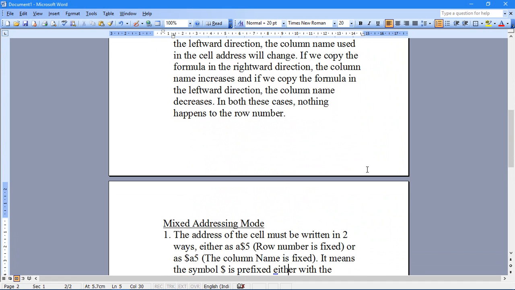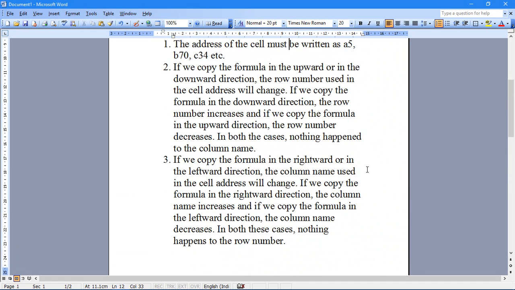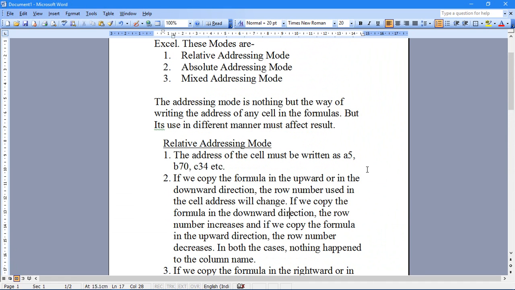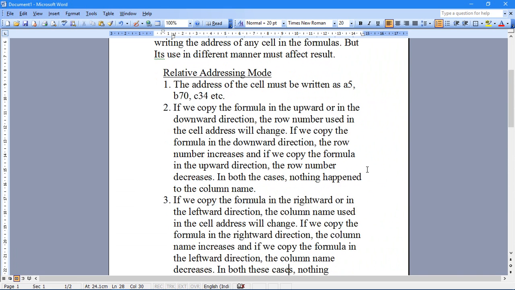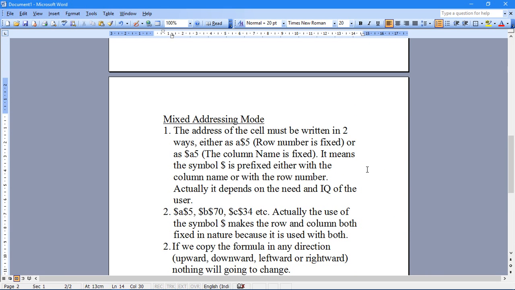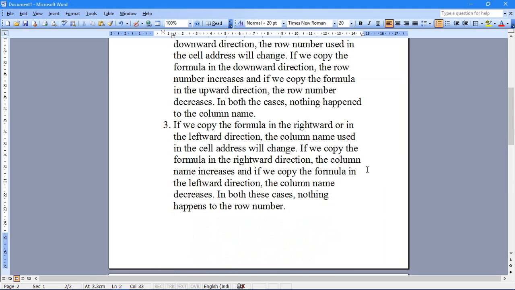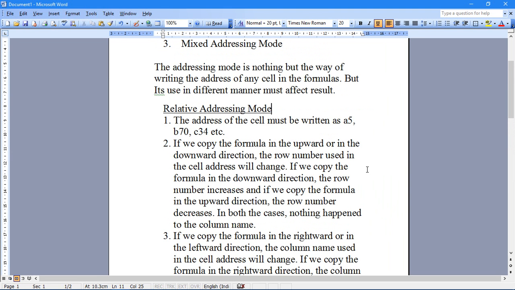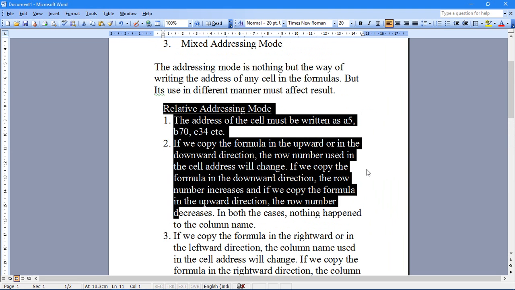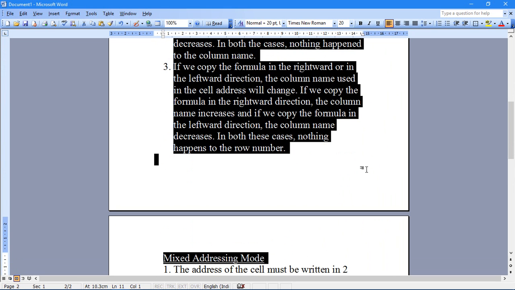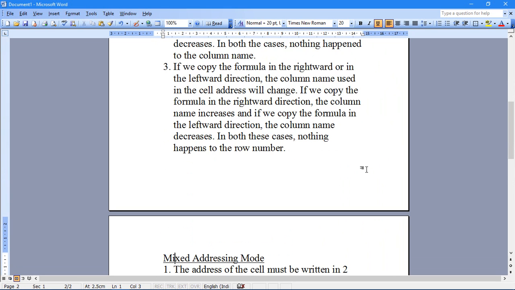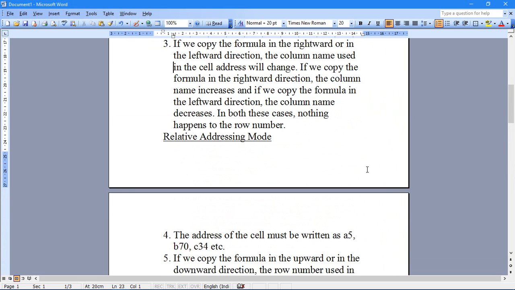Mixed addressing. Relative, mixed. Where is the absolute addressing mode? Just forgive me, I'm again copying everything here for the absolute addressing mode.